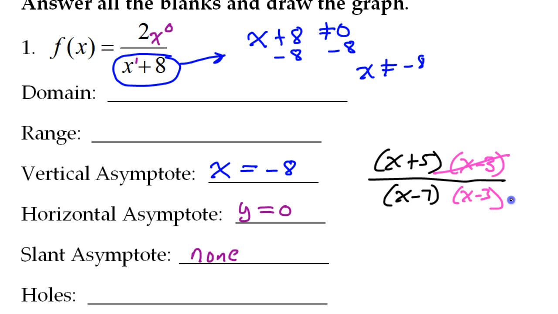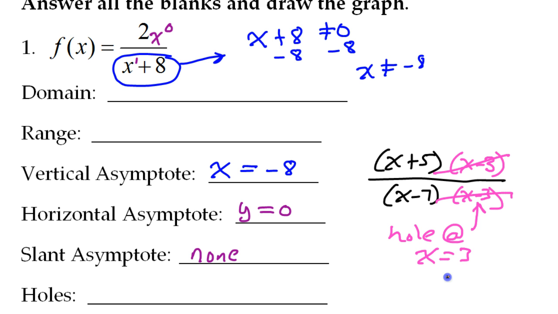Well, I would wind up canceling out these x minus 3's. But now there would be a hole at x equals 3. Okay, so when a factor cancels out completely, it doesn't give you a vertical asymptote, but it will give me a hole.